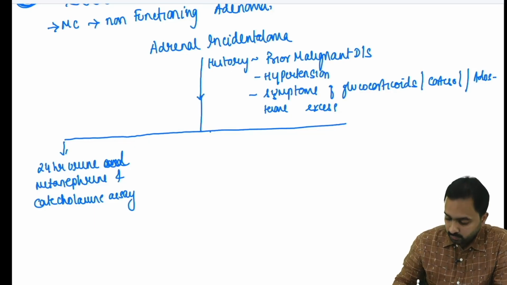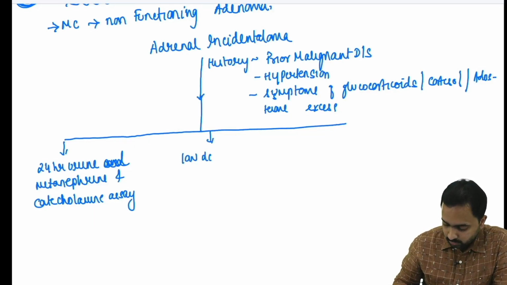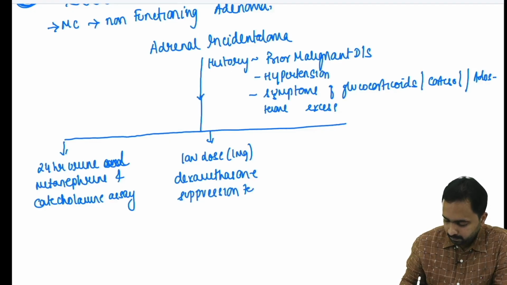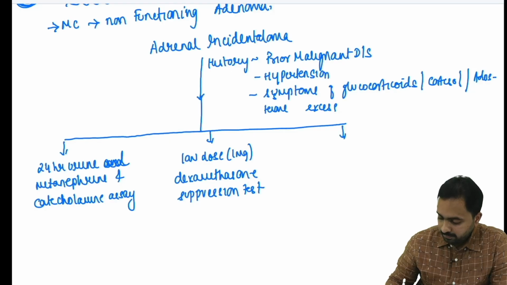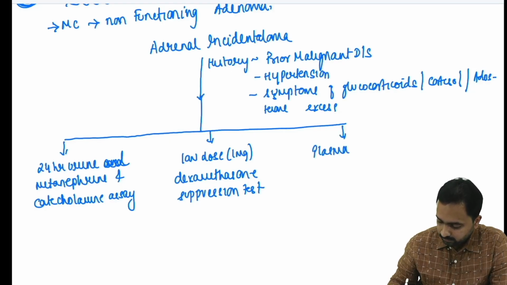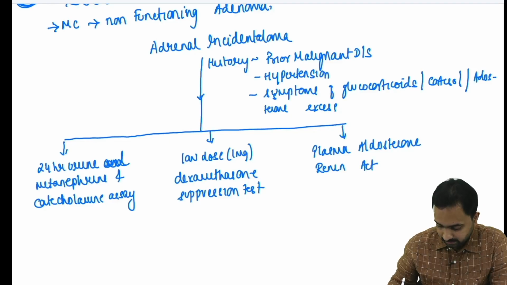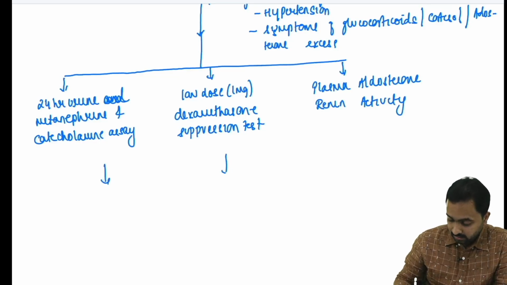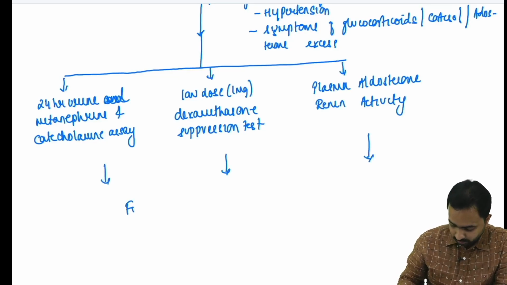The next test would be a low dose dexamethasone suppression test, and plasma aldosterone and renin activity.